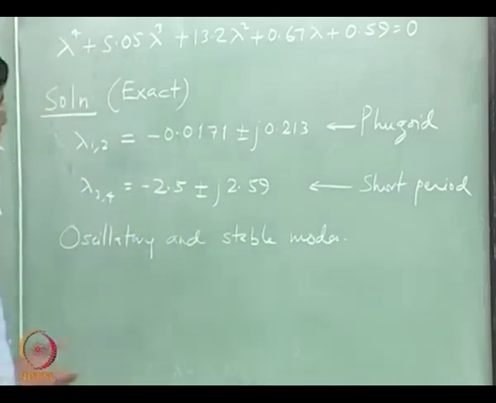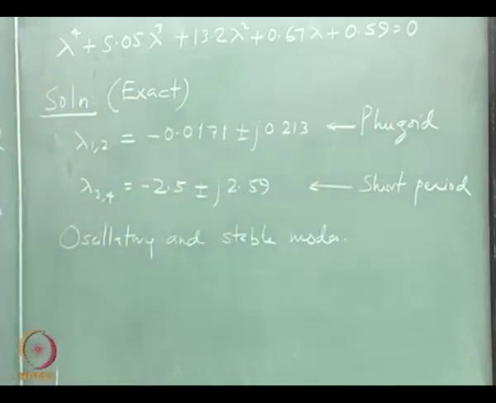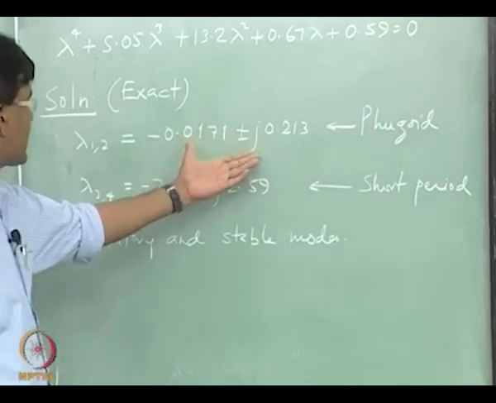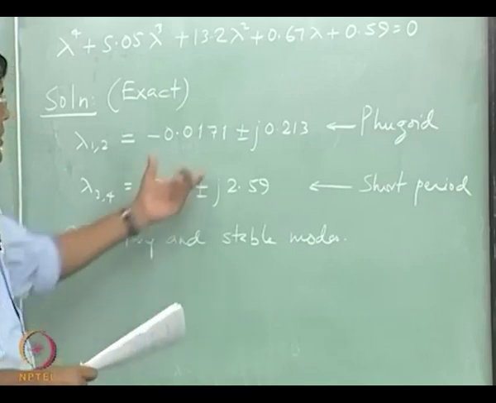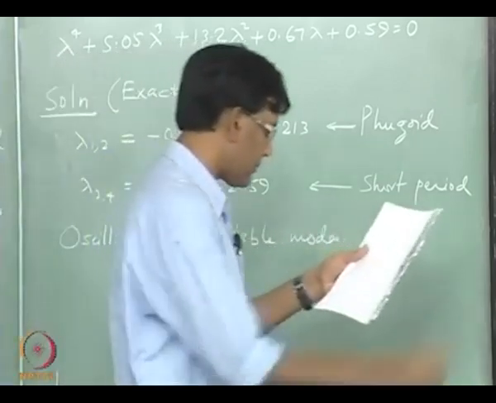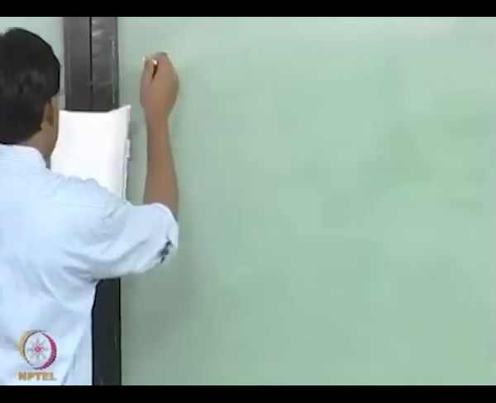Phugoid is a long period motion. So, this eigenvalue actually results in a long time period.